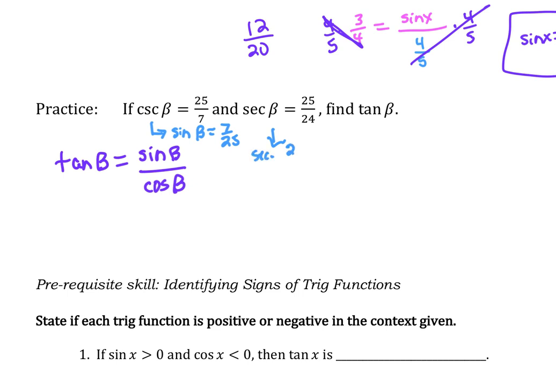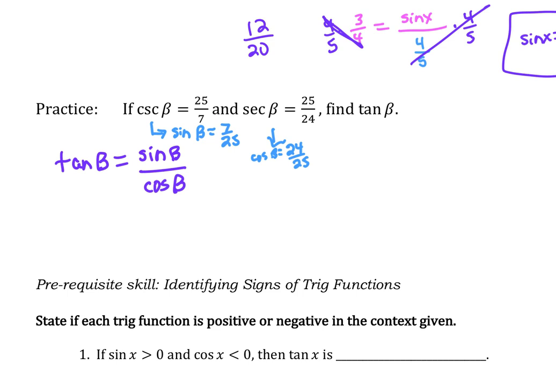Whoops, I wrote secant, I'm sorry. That's our cosine, right? If secant is 25/24, then our cosine is 24/25. We're just flipping it. Okay, so now we just have to plug those numbers in.